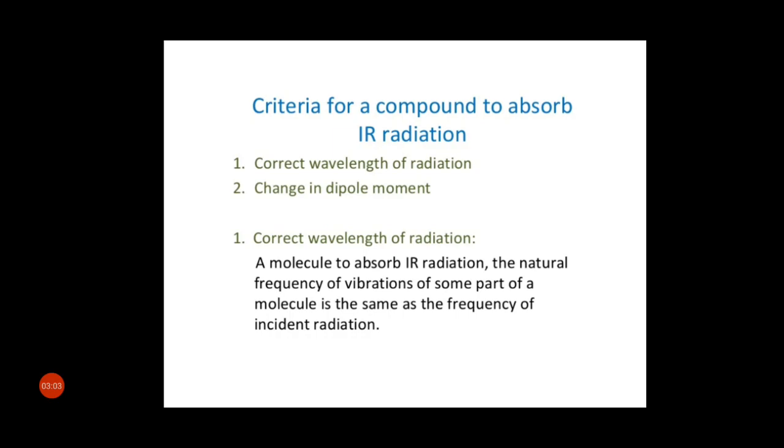So there are two criteria for a compound to absorb IR radiation. First is the correct wavelength of radiation: the natural frequency of vibration of some part of a molecule is the same as the frequency of incident radiation.